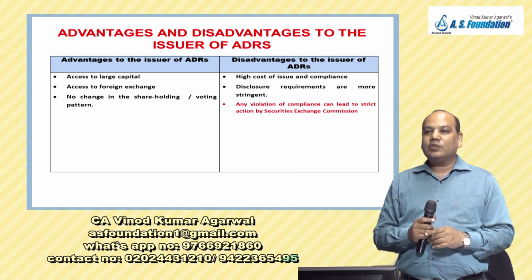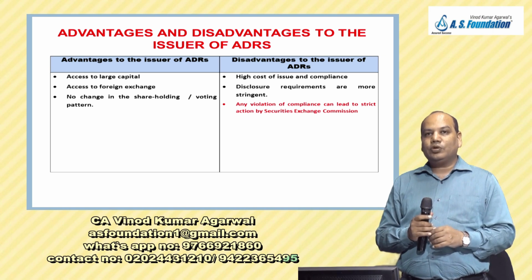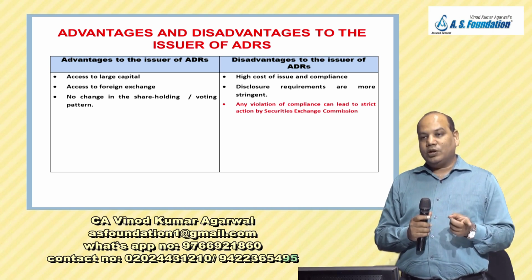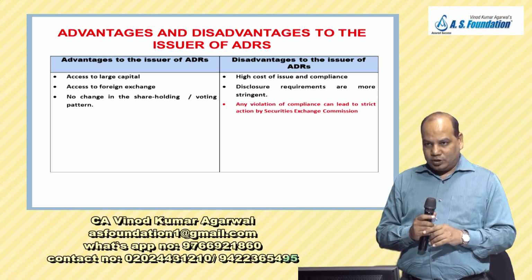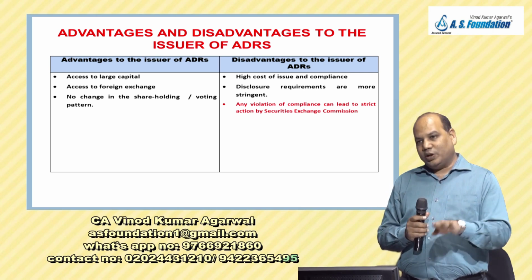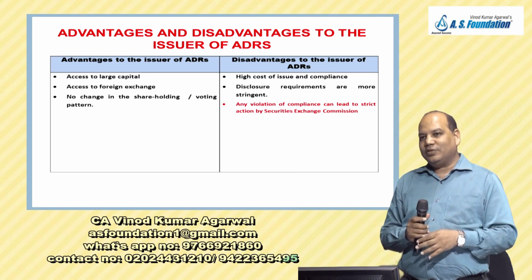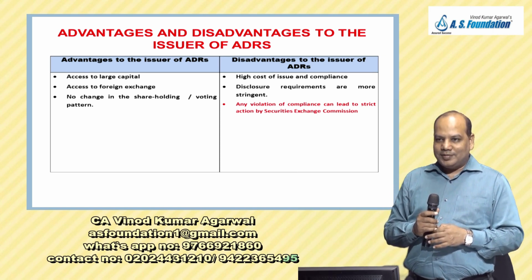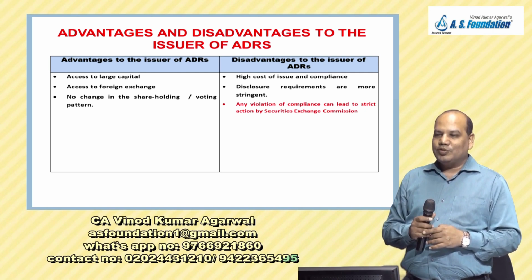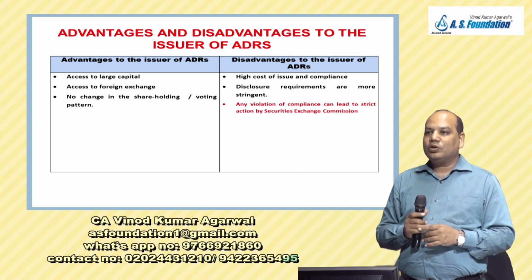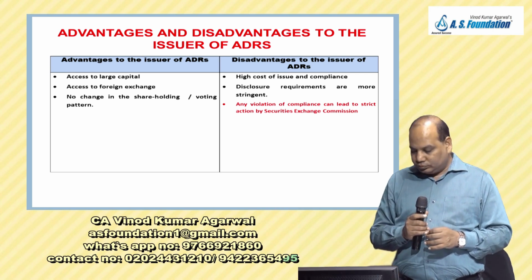If they want to vote, they will have to convert ADRs into shares of the company, but then they have to open a bank account and demat account and do the formalities. So even though they are issuing equity shares outside India, there is no dilution of control.